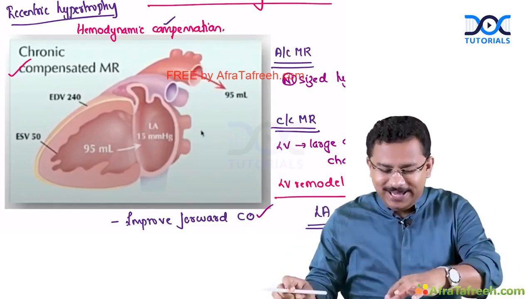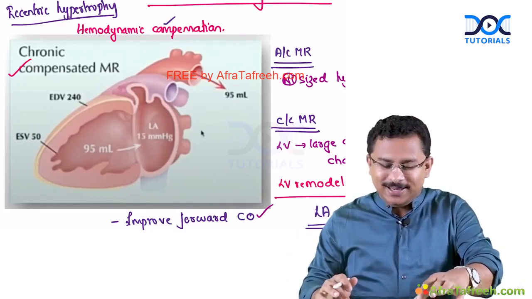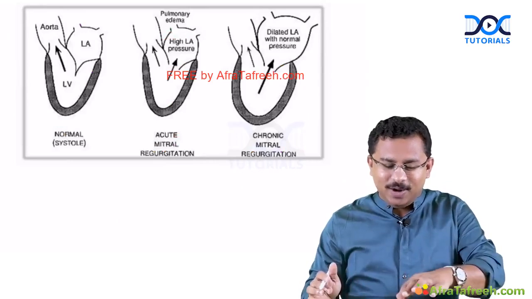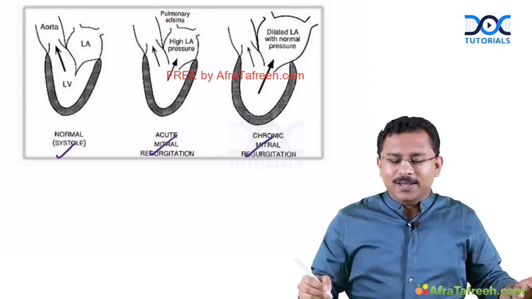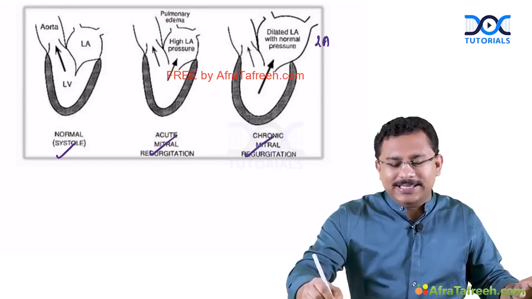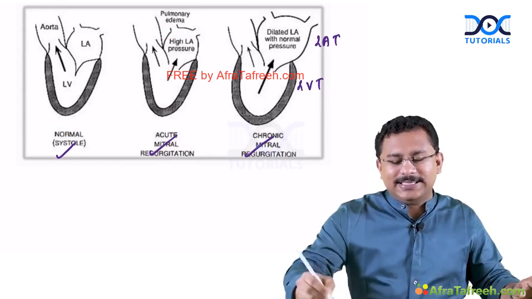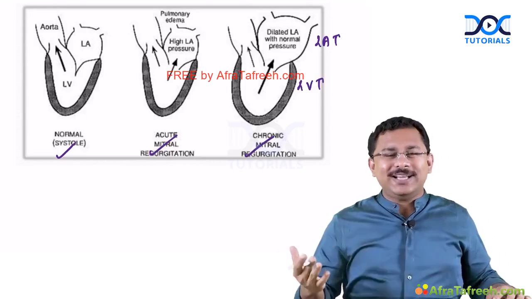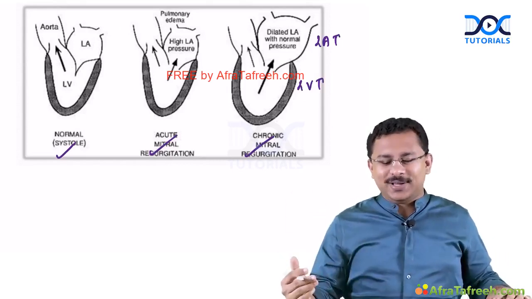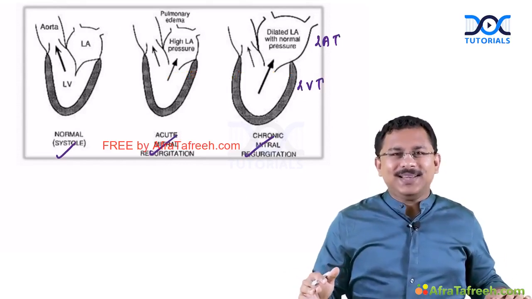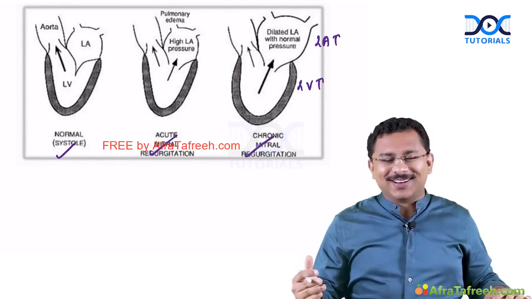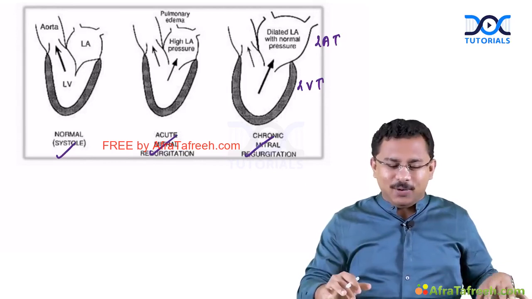Clear? Okay, so let's have a look at a comparison between normalcy, acute MR and chronic MR. You can see most importantly, it's the LA size and LV size that increases in a chronic stage in comparison to an acute MR. This is very, very important to understand. Okay. So I hope you are very clear with chronic compensated MR hemodynamics.